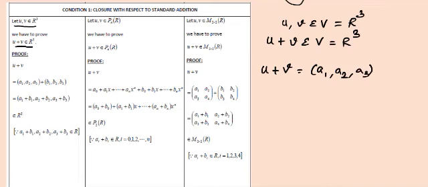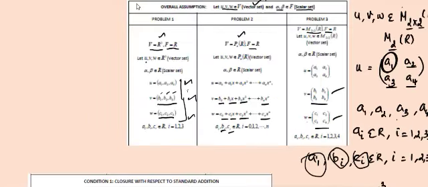You just have a glance now. These were the assumptions we took for u, v and w earlier: u must be the a series, v must be the b series and w must be the c series throughout the problem. Whatever it is, for all the 10 conditions, these were the assumptions.